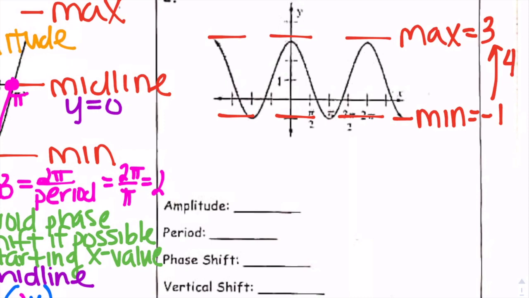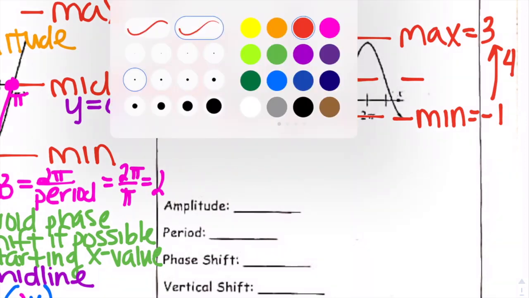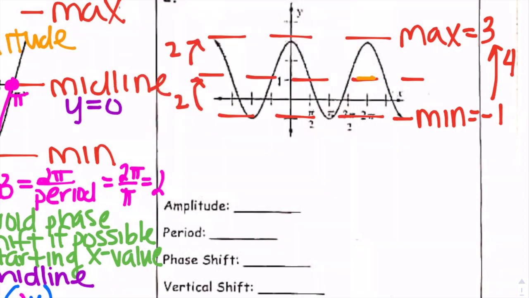So that means that we're going to go 2 and 2. So now we're going to find our amplitude, which is the distance from our midline to our maximum. And so that distance is 2.